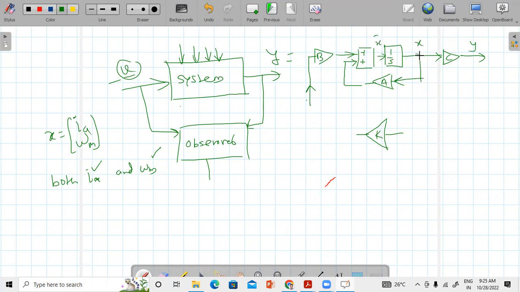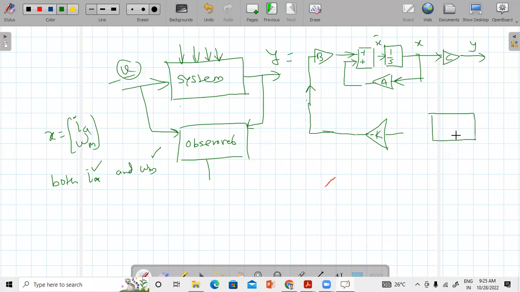The problem is that we cannot use direct x from here because we do not have any instrument to measure it. Right? So this K has to be fed with x, but the input to this K has to come from the observer.